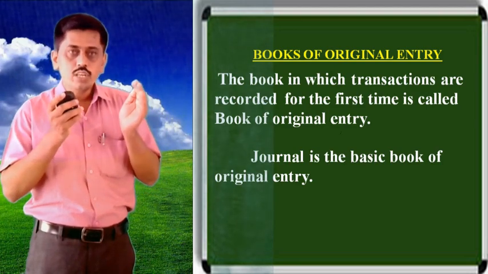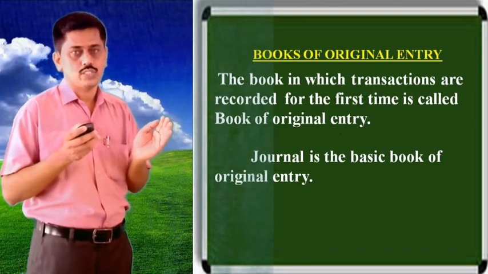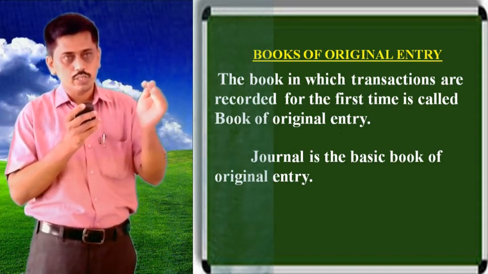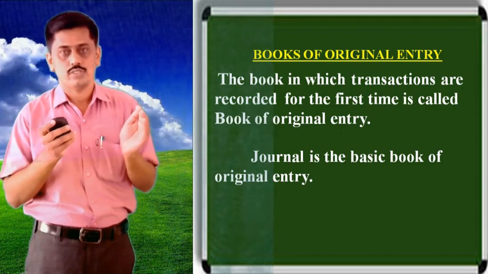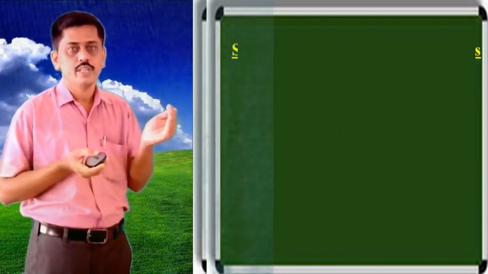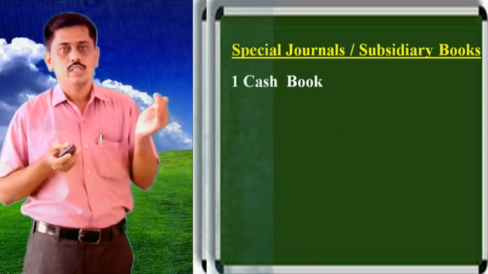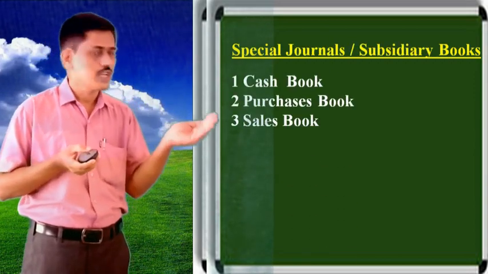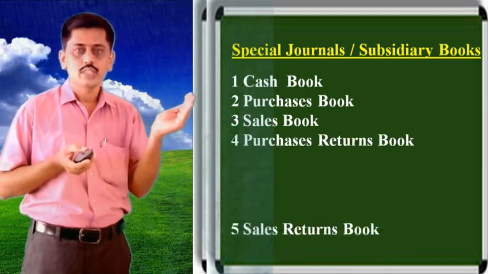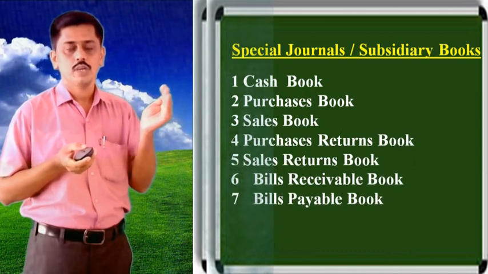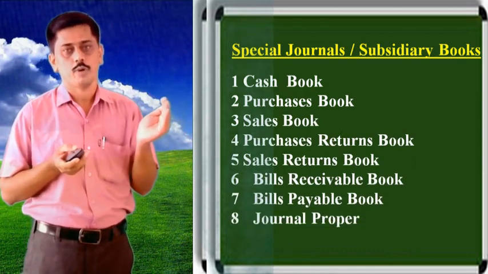Then, in a large business organization, this journal is classified into different special journals, also called subsidiary books, like cash book, purchases returns book, sales returns book, bills receivable book, bills payable book, and the journal proper.